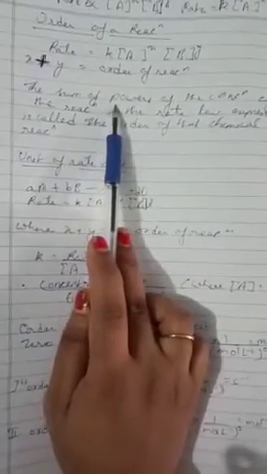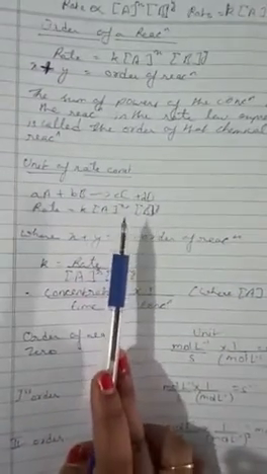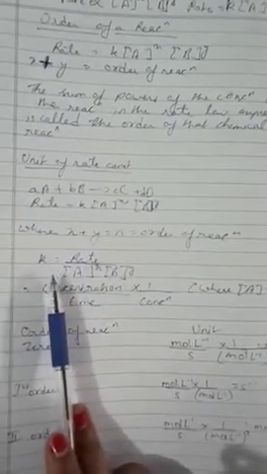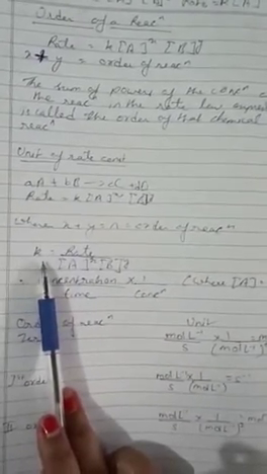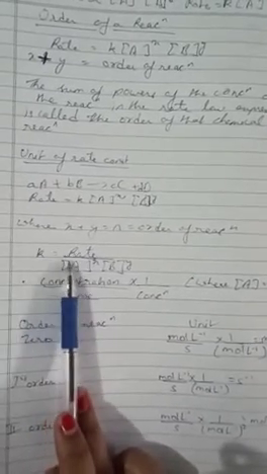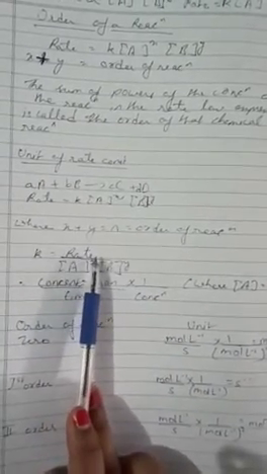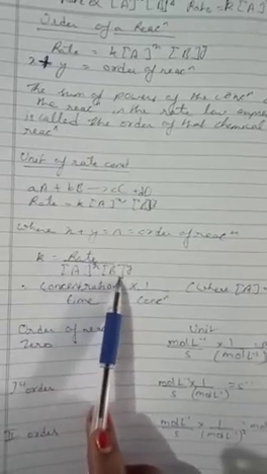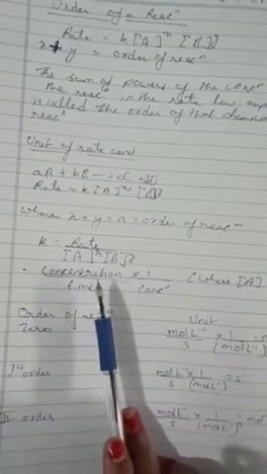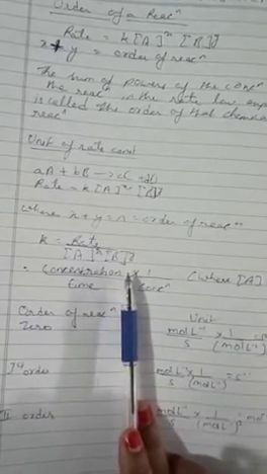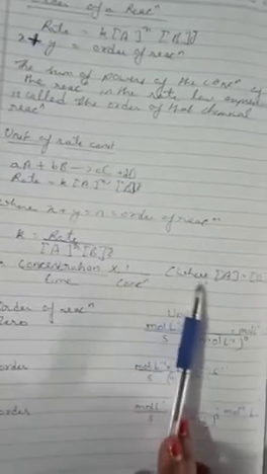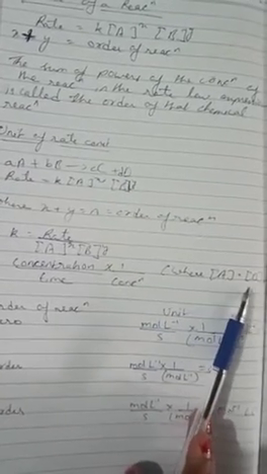That order is the sum of the powers present in the rate law. So K, the rate constant, is equal to the rate upon the concentration of the reactants, that is, concentration upon time into 1 upon concentration.